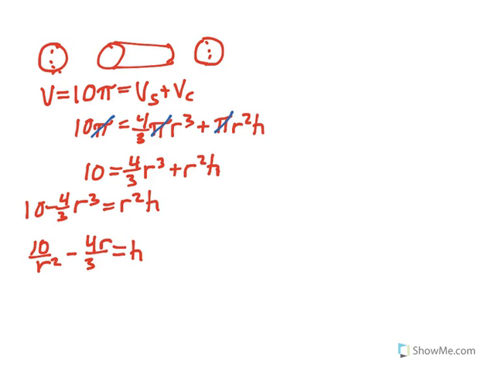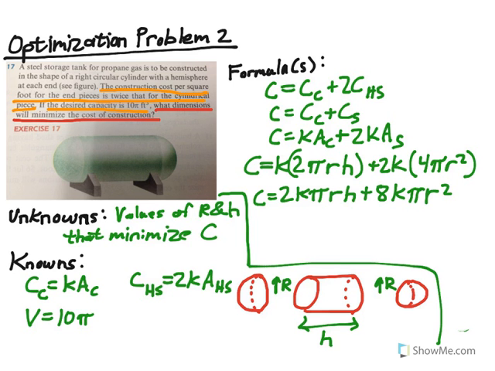All right, this is good. We've got h on one side and known quantities in r on the other side. That means we can take this equation and substitute it into the other cost equation. I'm running out of room here, so I'm going to recopy the cost equation onto the next slide and continue from there.